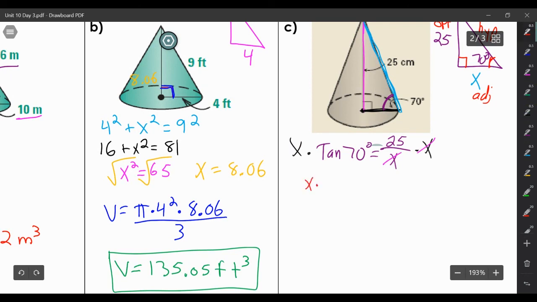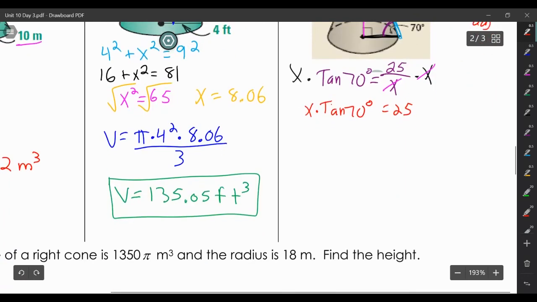So x times the tangent of 70 equals 25. Divide both sides by the tangent of 70 degrees. Now, trying to find this radius is more work than actually just finding the volume once we get it done.